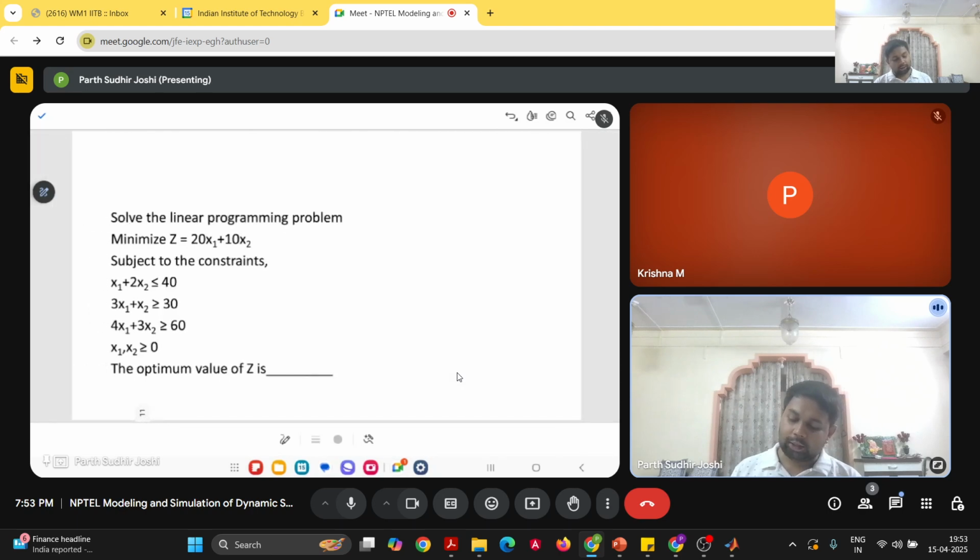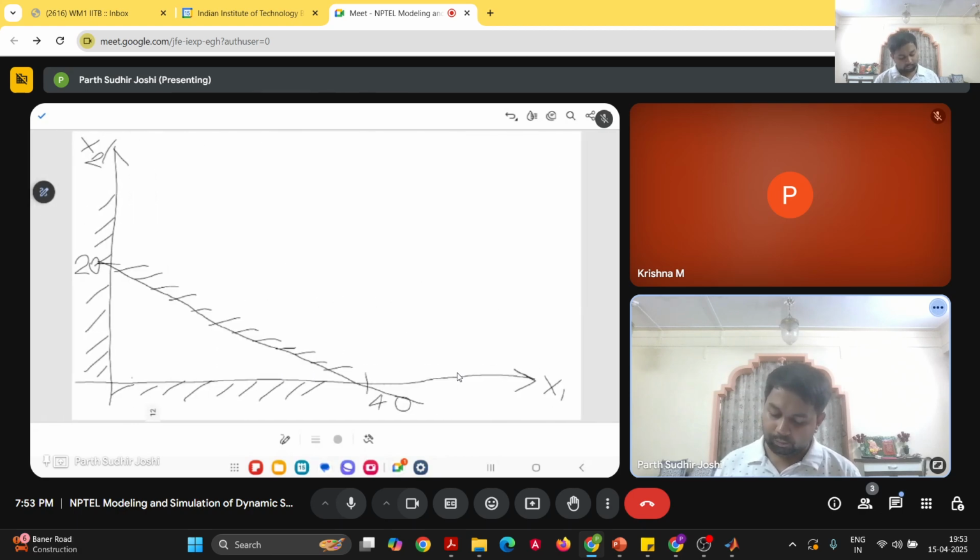Now let us come to the second constraint, 3x1 plus x2 is greater than or equal to 30. So here let us substitute x1 equal to 0. Then x2 will be 30.